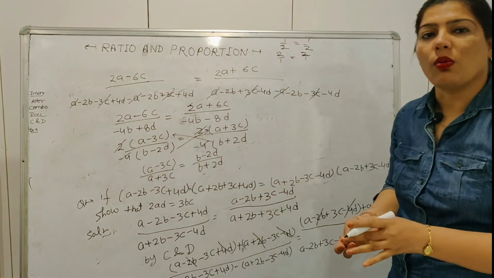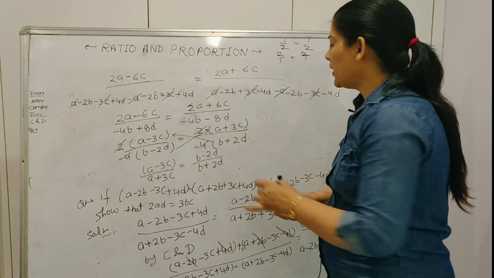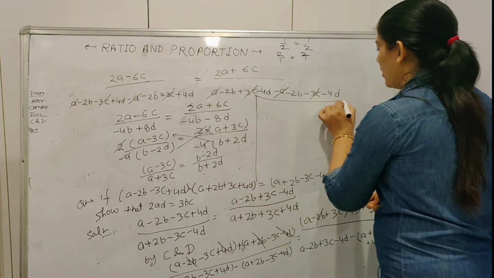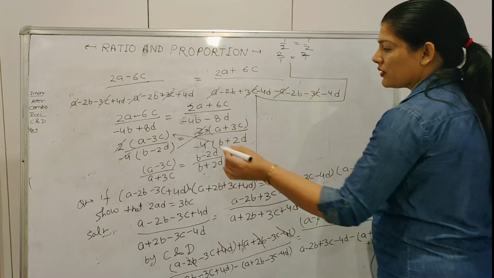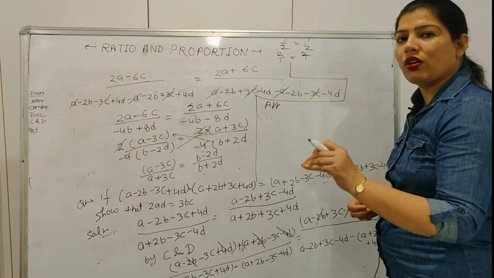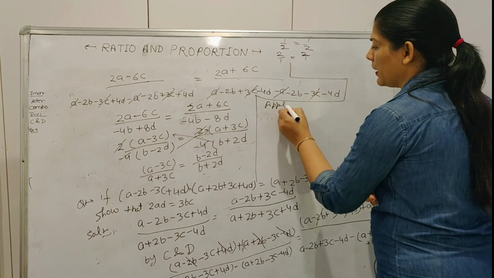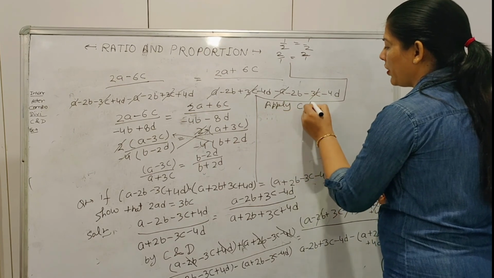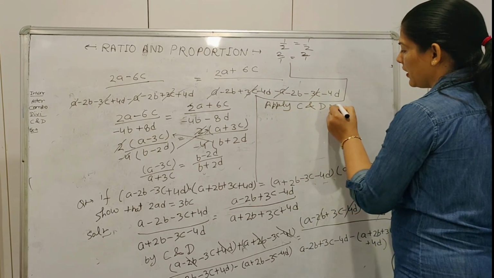Applying the componendo and dividendo rule again, it will be easier. Okay, so we can apply componendo and dividendo as many times as we want. Okay, applying the componendo and dividendo rule again.